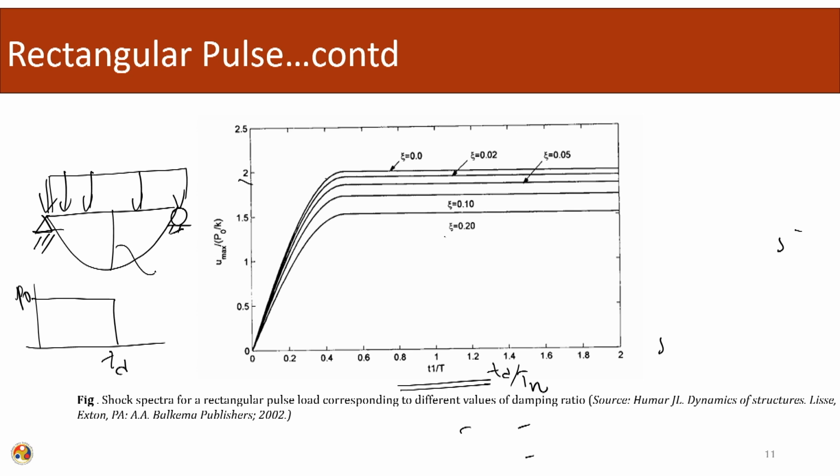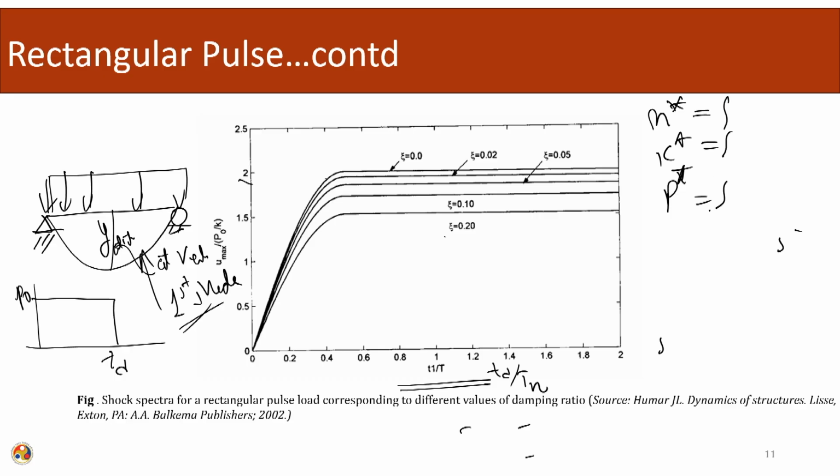In this case we choose the vertical degree of freedom, y, at the center, and we choose the first mode. From there I can calculate my m star, k star and p star either from the design charts or from the parent equations.